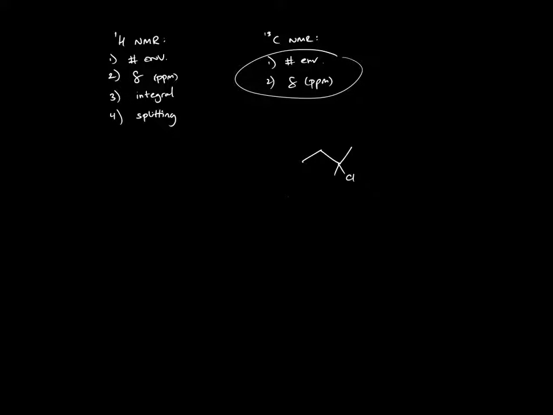We would label them A, B, C, D, etc. In the case of carbon NMR, we would do the same thing, except we don't need to draw out the hydrogens because we're not looking at hydrogens anymore. So we would see environment A, environment B, and this carbon right here, which doesn't have any hydrogens, would be environment C, and then both of these guys would be identical, so they would be environment D. So we would see that we have 4 different signals from this.